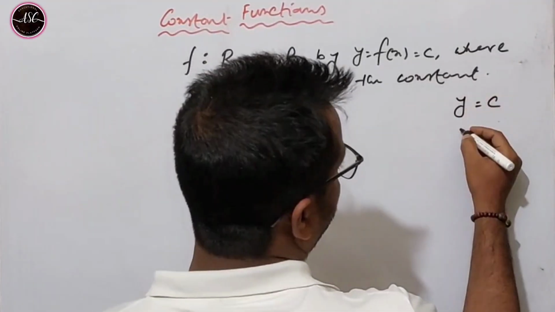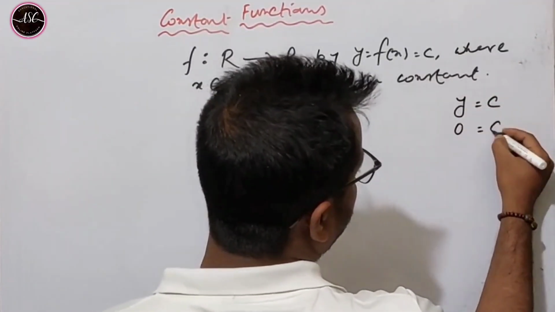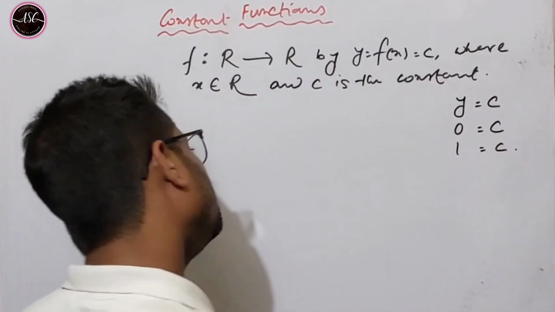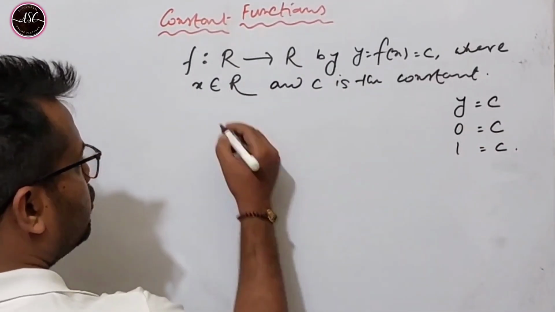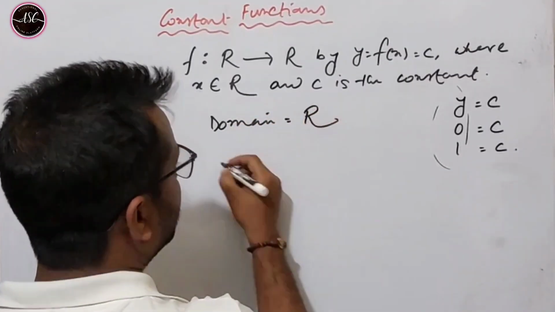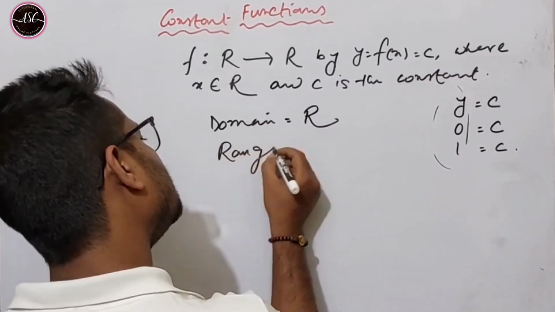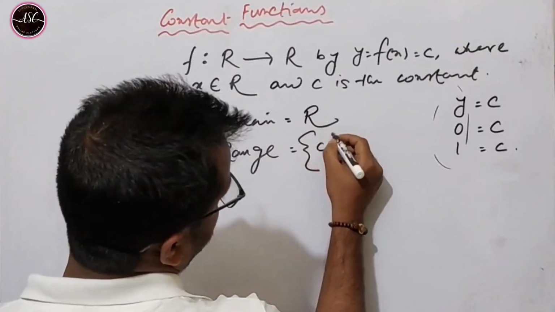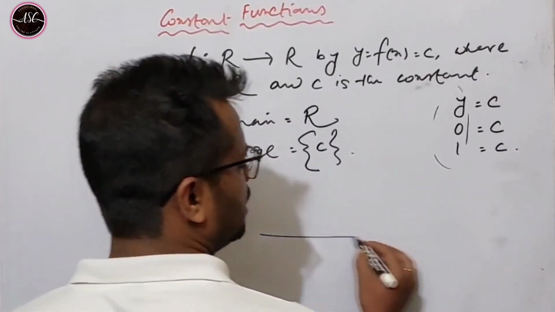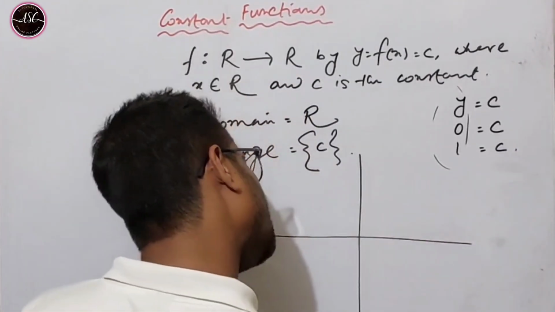If we put y equal to 0, we get c. If we put y equal to 1, we get c. So here, the domain will be R and the range will be within brackets, c.